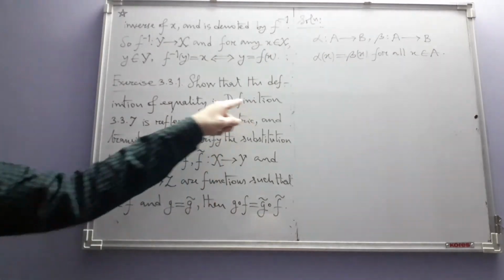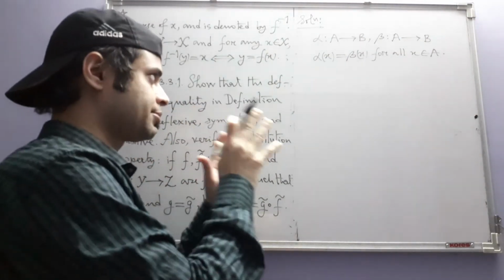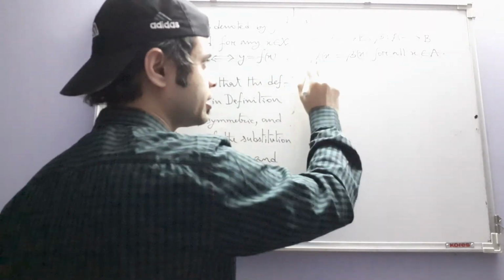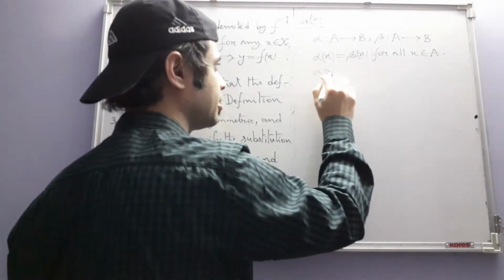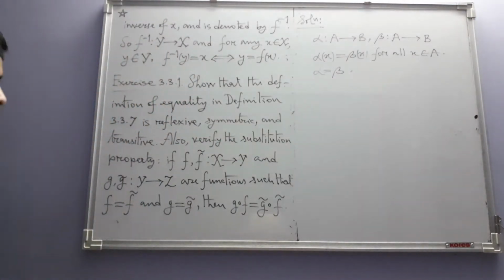That is this definition 337. If such a thing is true, then we say that the functions alpha and beta are equal, and we write like this to denote that fact.